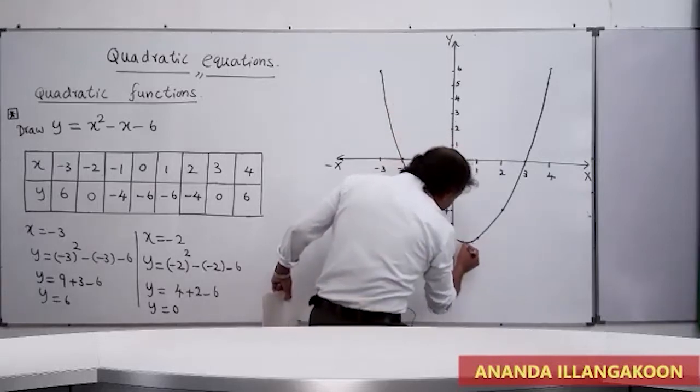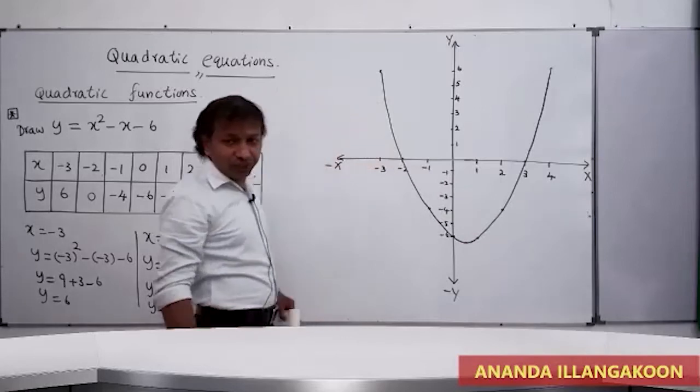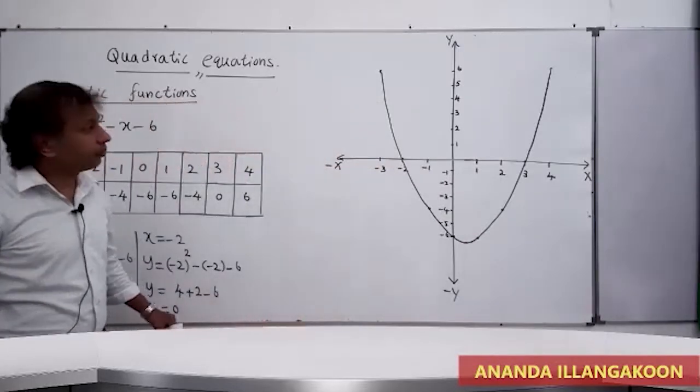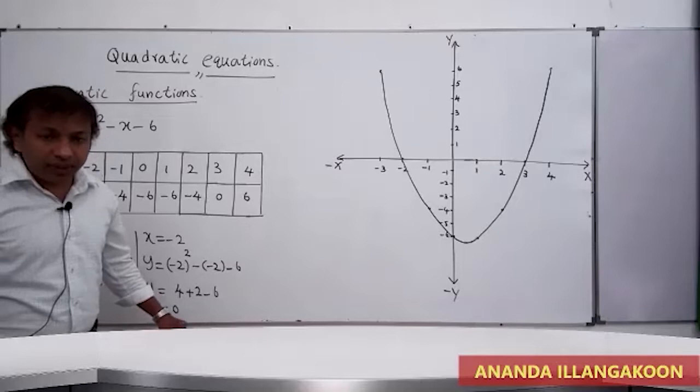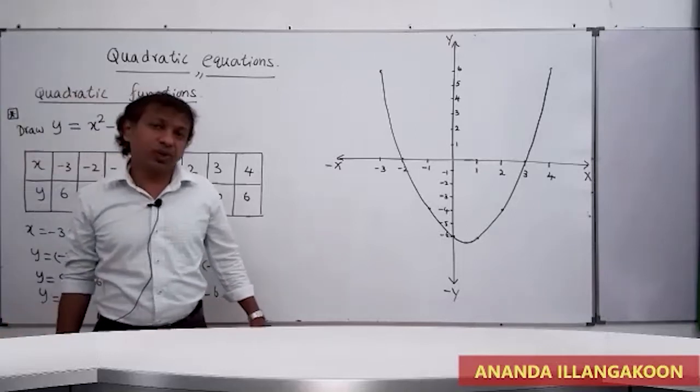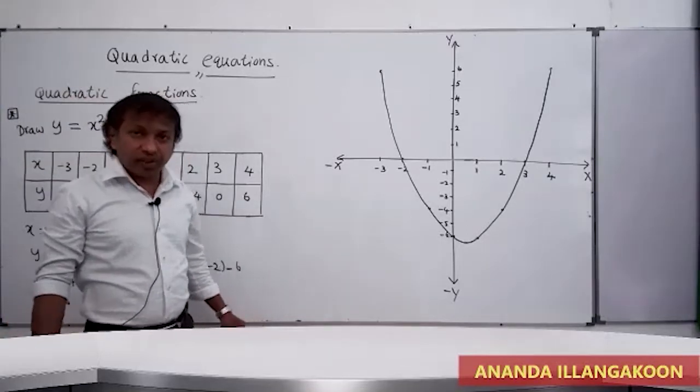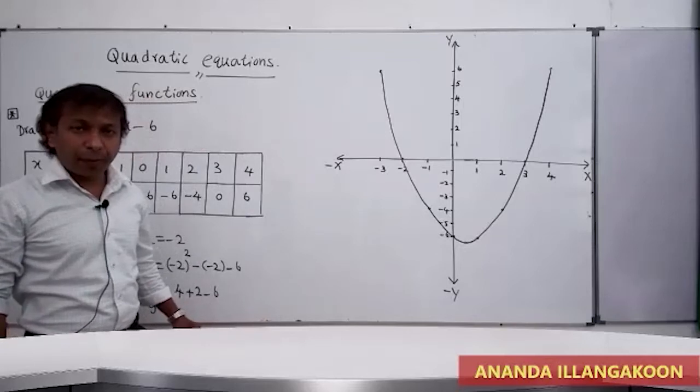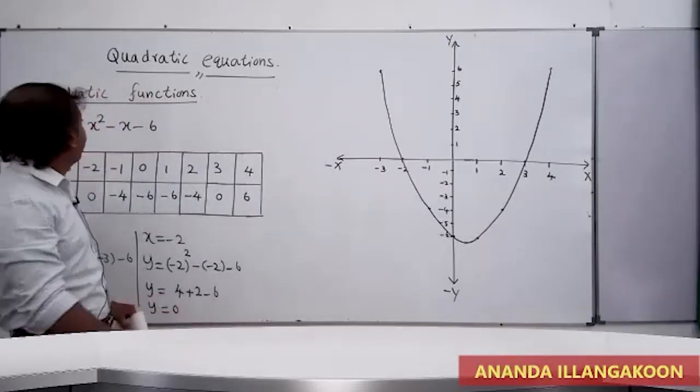This is how you draw this graph. This graph is called what? Quadratic graph. The graph of the quadratic function.